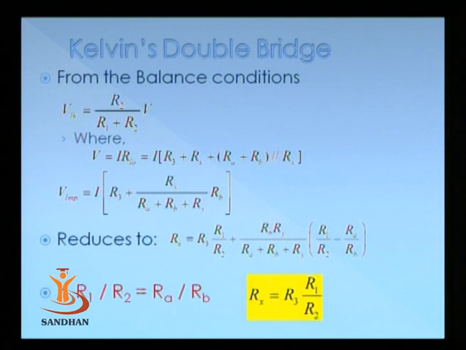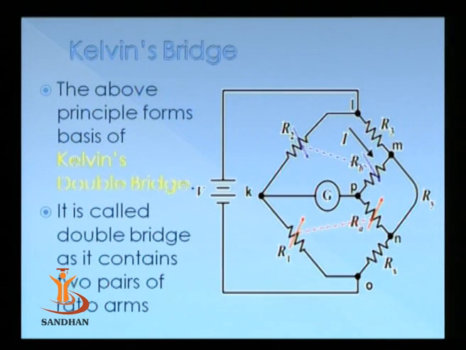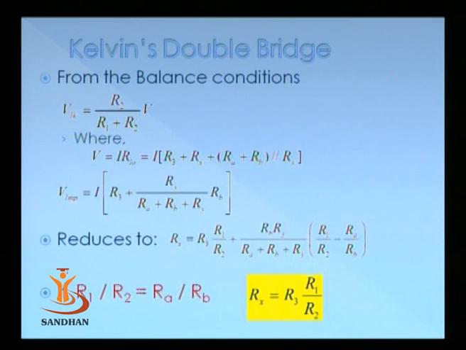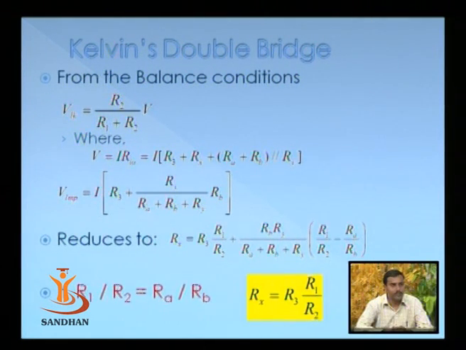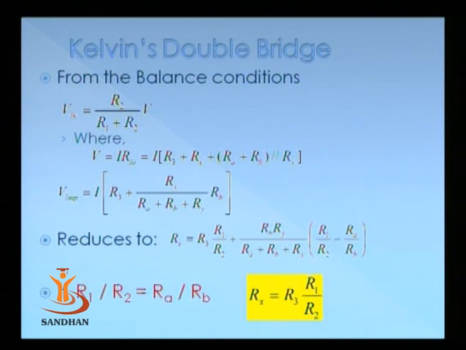Now this makes the balance condition of the bridge. That is, if the voltage at point K is equal to that at point P, then it is defined this way: VLK is equal to R2 upon R1 plus R2 into the excitation voltage. In this particular condition, the voltage is equal to current multiplied by R of the particular arm, that is R3 plus the parallel resistance of Ra plus Rb with Ry.